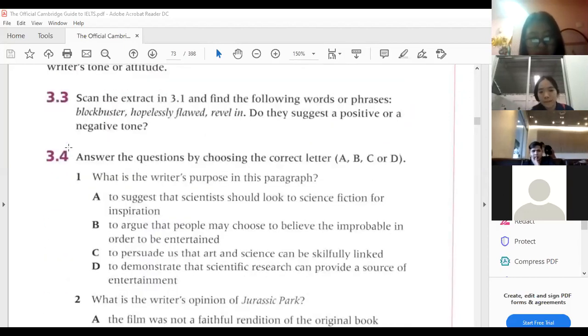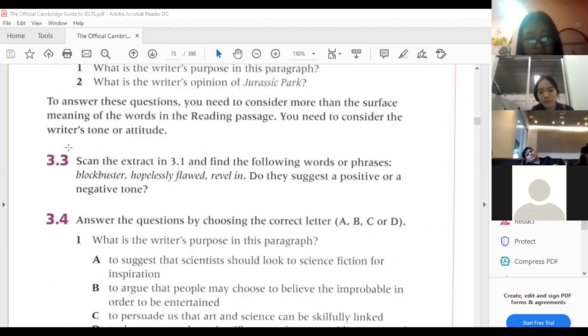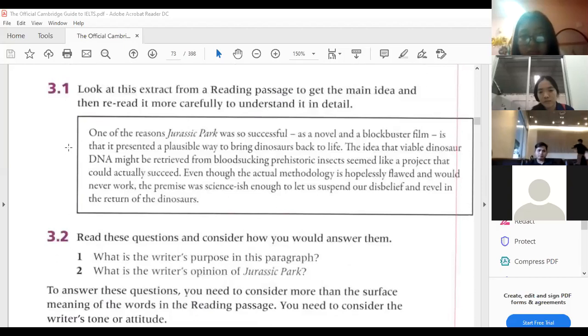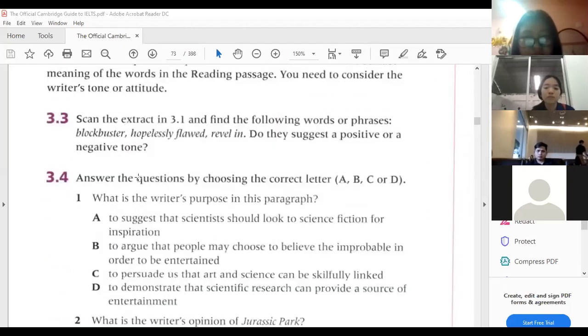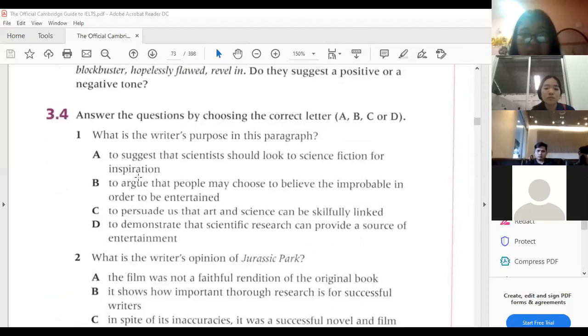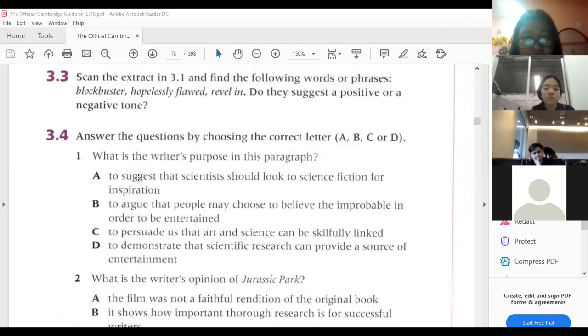A, to suggest that scientists should look to science fiction for inspiration. From this one, we cannot find any word that states science fiction, right? There's no science fiction in this one. Okay, so A cannot be the answer. C, persuade us that art and science can be skillfully linked.